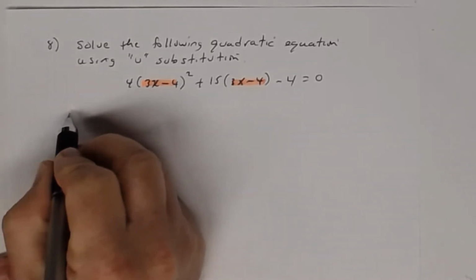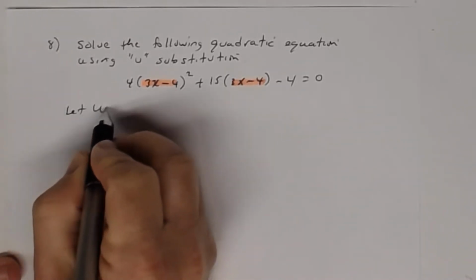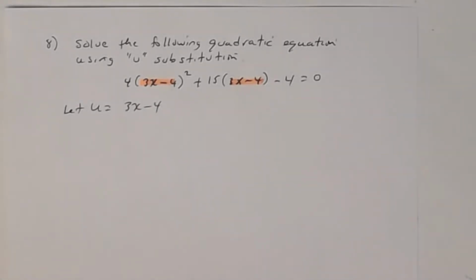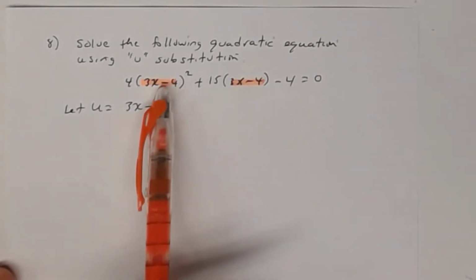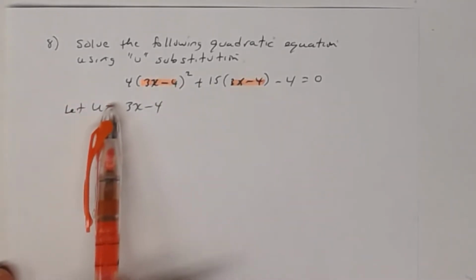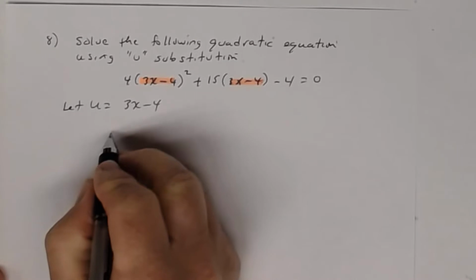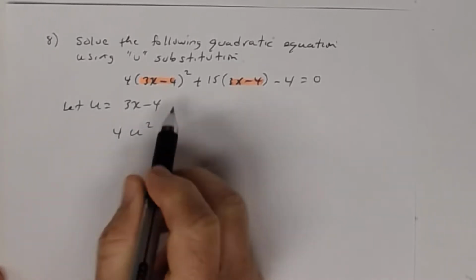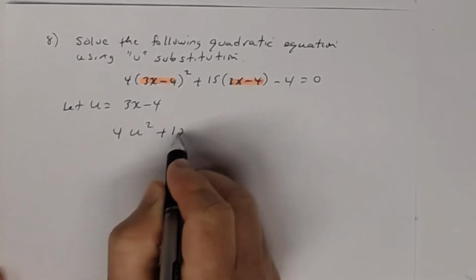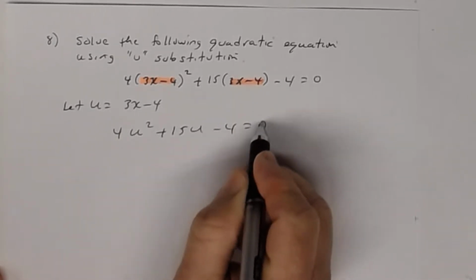So you're going to say let u equal 3x minus 4. And now wherever you see that expression 3x minus 4, you're going to substitute the variable u.